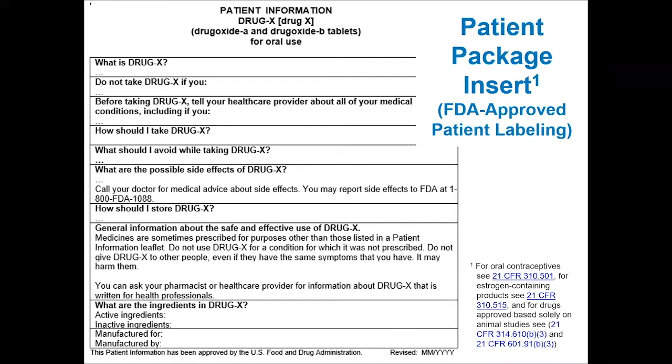In these situations, these are required PPIs, and they have similar distribution and dispensation requirements as I mentioned for medication guides. Most other PPIs are not required. They're voluntarily submitted, reviewed, and approved by the FDA. So those PPIs don't have distribution and dispensation requirements like these specific ones I referred to.